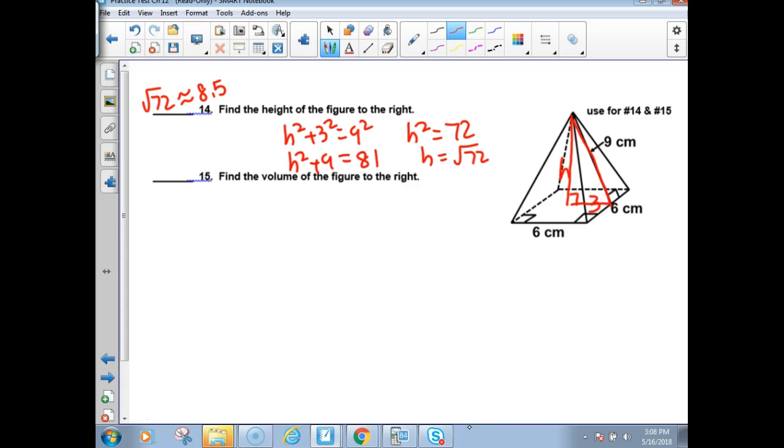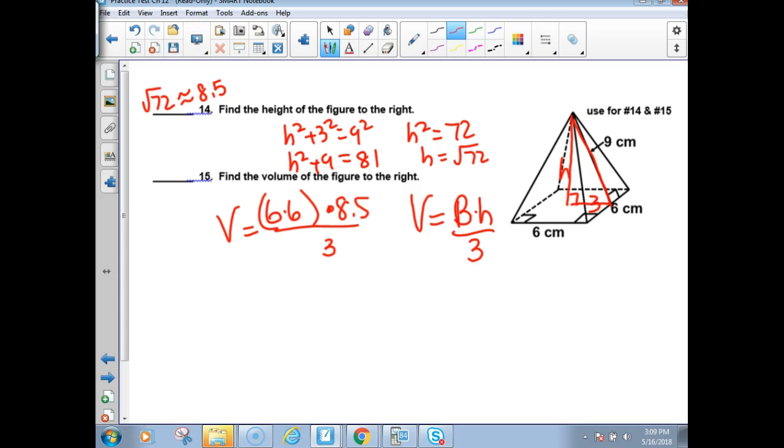Now find the volume of the figure. Area of the base is 6 times 6. Multiply that times the height, 8.5, and divide by 3 because it's pointy. Pyramid. You want to write down the volume was area of the base times the height divided by 3.